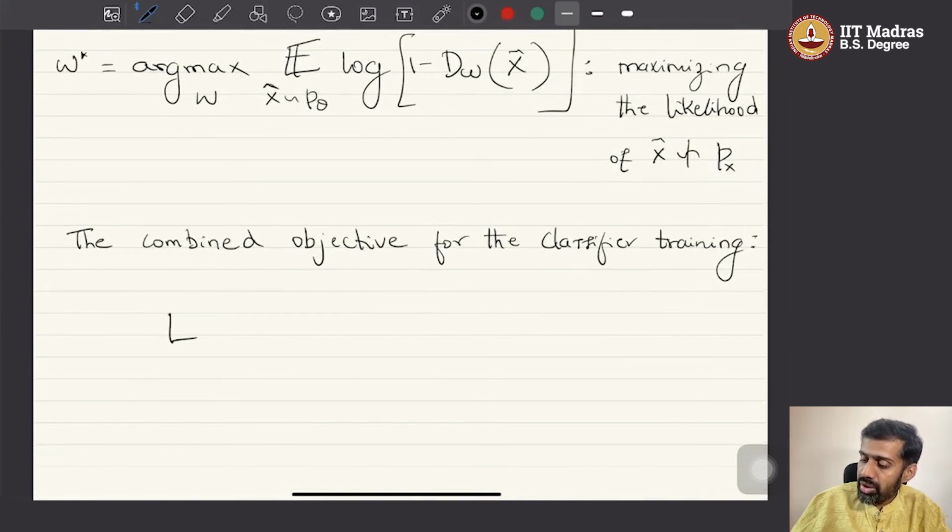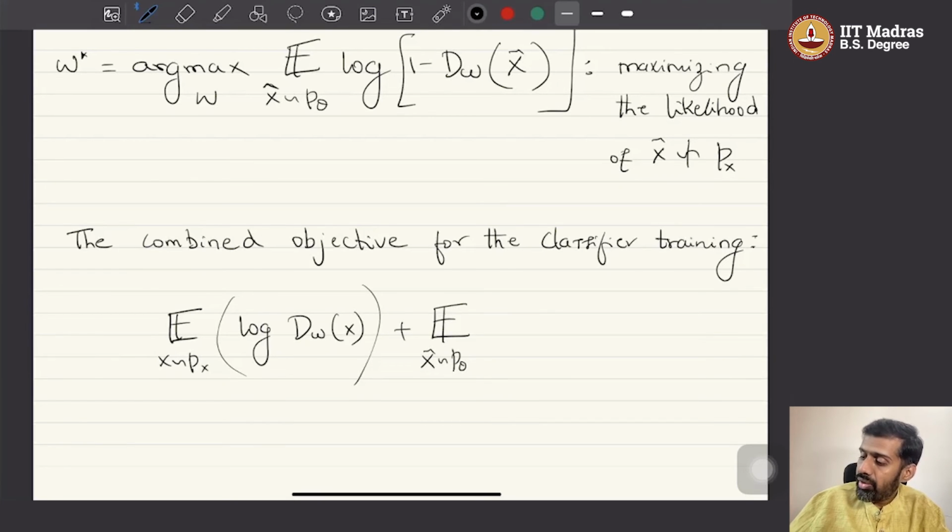Whenever the samples are coming from px, we want the log likelihood to be maximized. And whenever the samples are not coming from px, or rather they are coming from p theta, we want the log of 1 minus that particular likelihood to be maximized. Okay, this is my final objective.